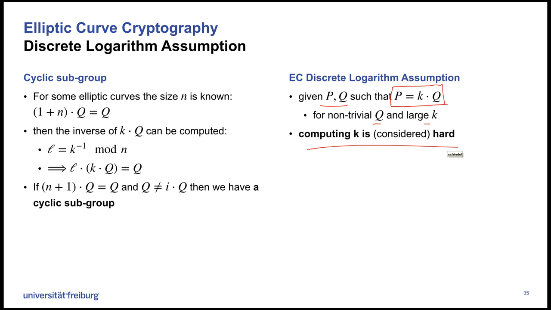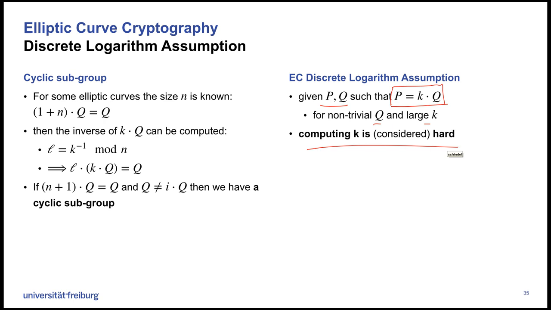We want to have this discrete logarithm assumption like the discrete logarithm assumption for residual fields, so we just copied the name, but it's not a logarithm. You can rephrase this operation as exponentiation somehow if you call the addition a multiplication, but it's still not a multiplication, and still not a discrete logarithm.